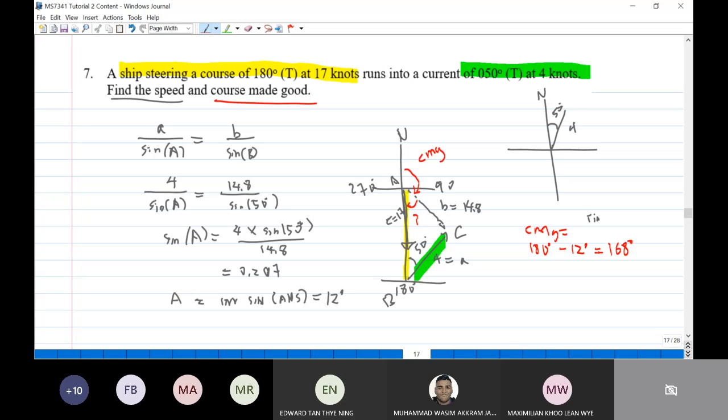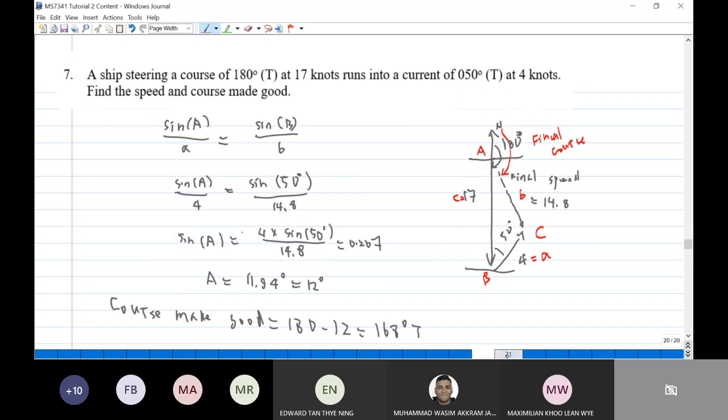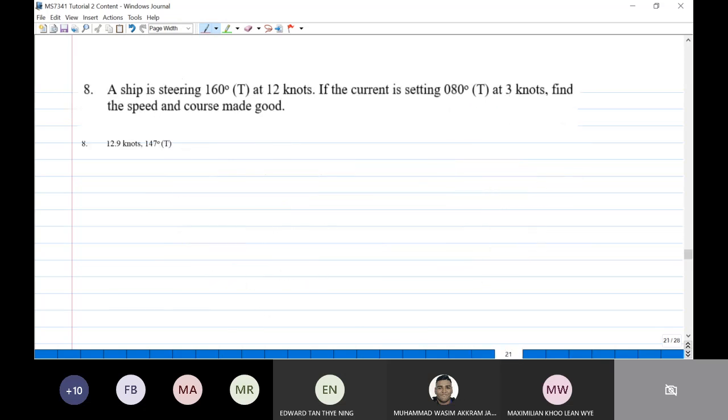Okay, so I showed you how to do question 6 and question 7, right? And the rest I think you need to do yourself, because there's not enough time. So question 6 and 7 I do for you only. Question 8 you have to do for yourself, same for questions 9 and 10.